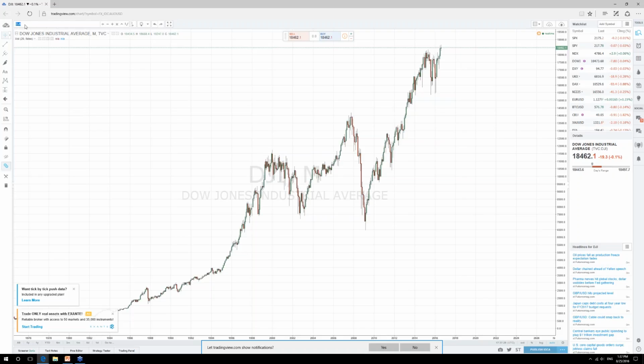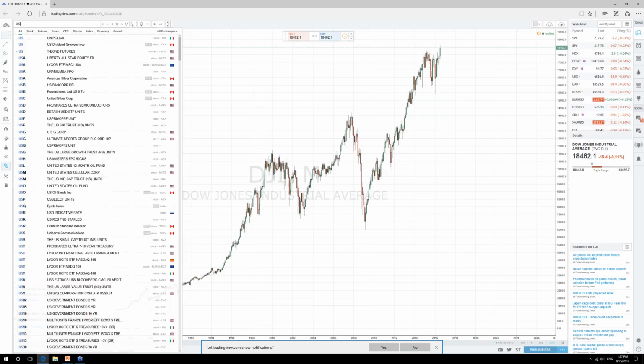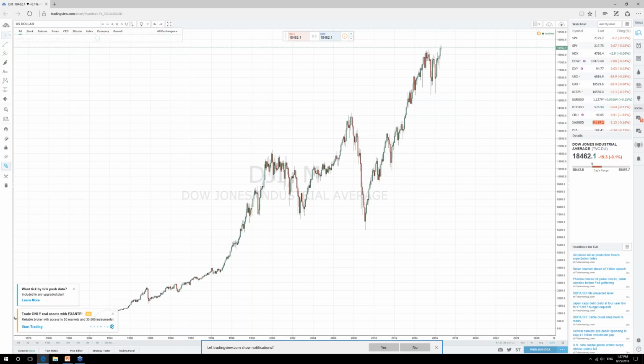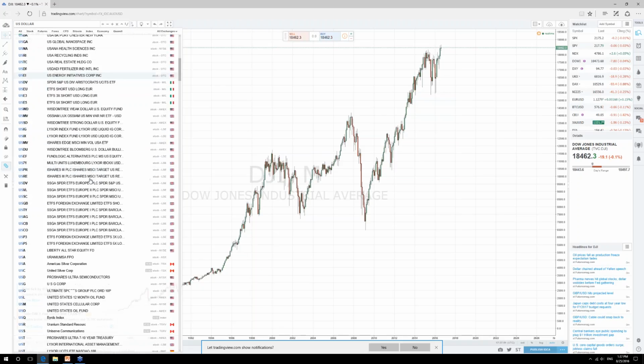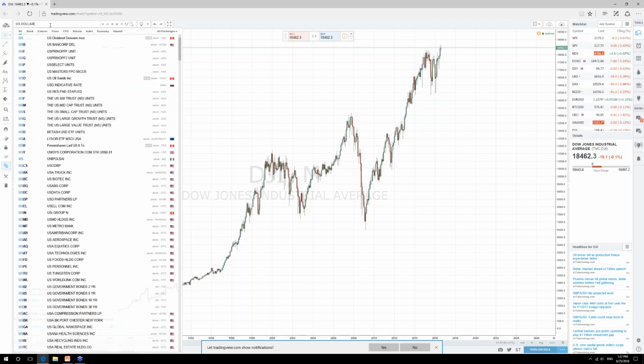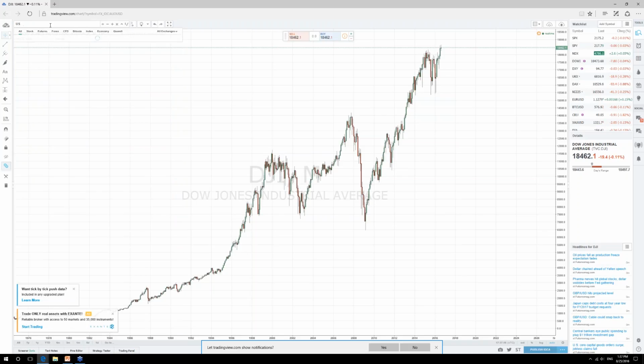So let's take a look at the US dollar. How has the US dollar index performed under a Democrat president versus a Republican president? I think the US dollar index here.